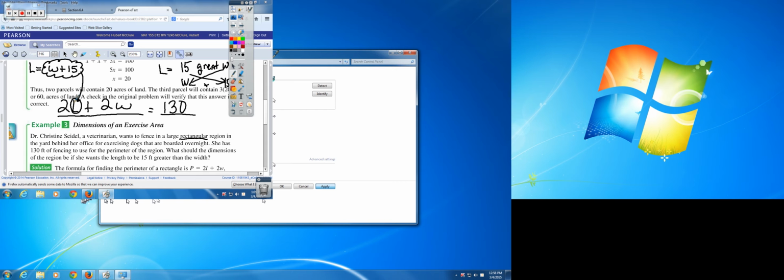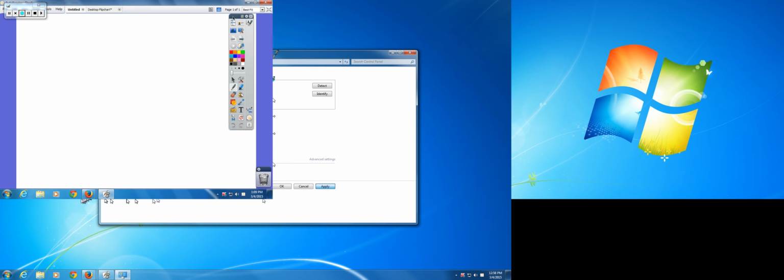So, let me go to a white page. You know that our length is equal to W plus 15, and our formula is 2L plus 2W is equal to 130.